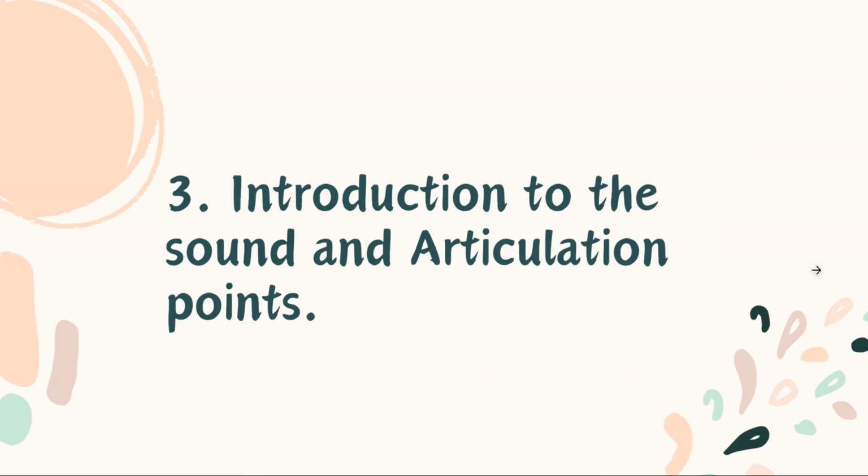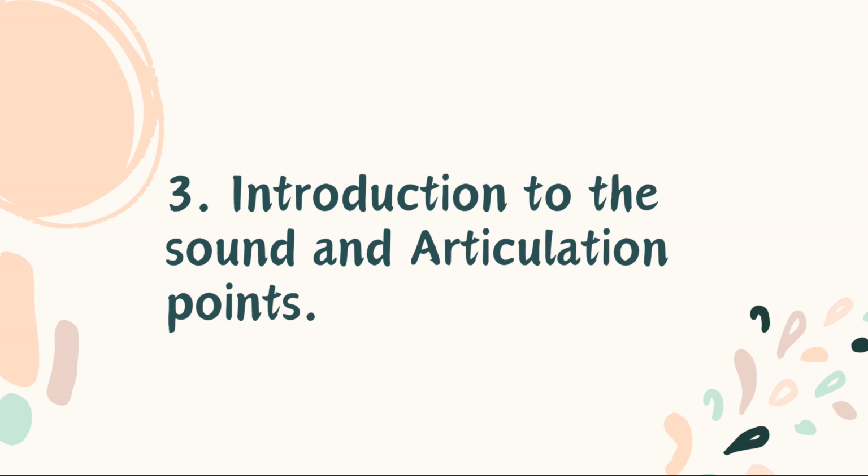It's going to be an introduction to the sound and articulation points. What are the articulation points? By articulation points we mean the place where the letter is pronounced from inside our mouth.